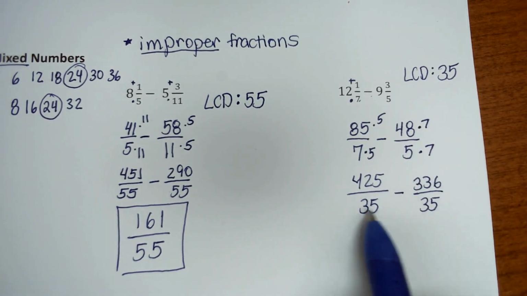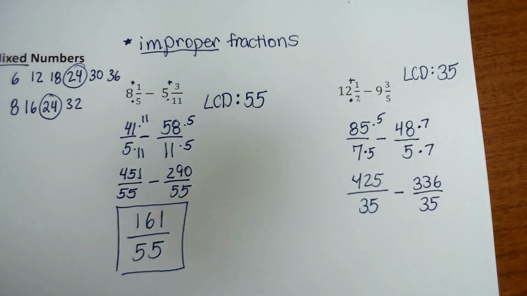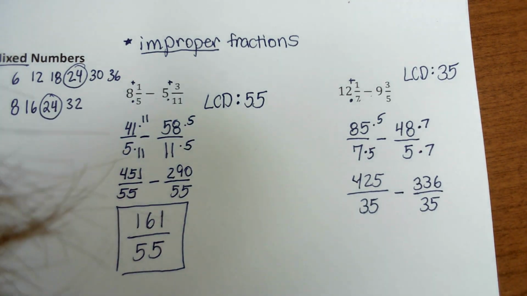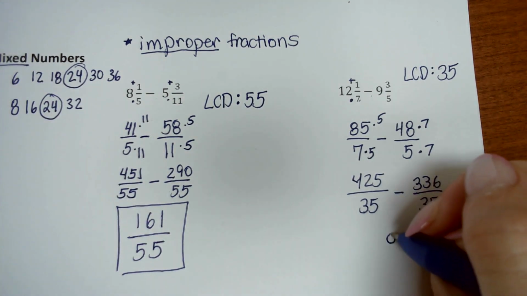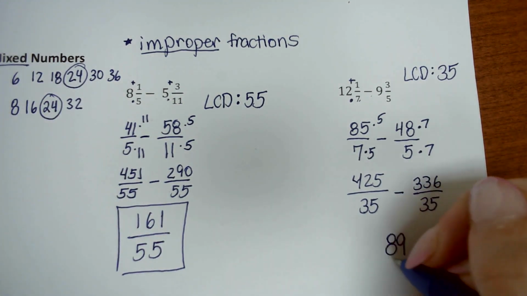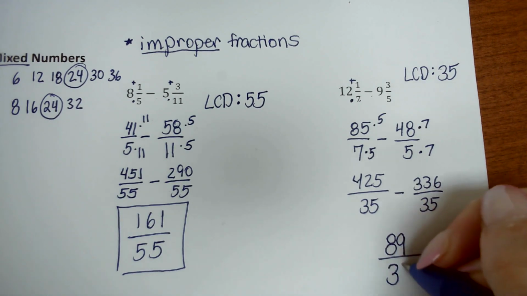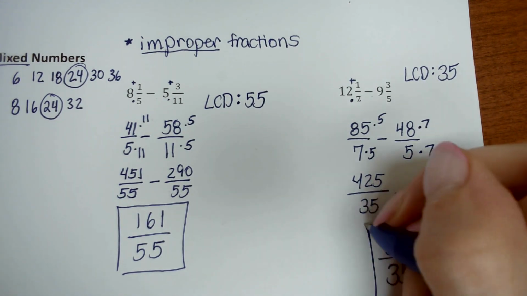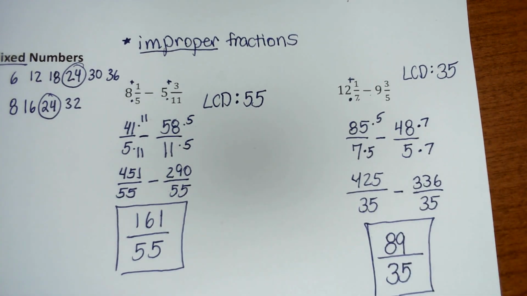Now remember, once my denominators match, then I subtract 425 minus 336. So our final numerator is 89, and the denominator is still 35. So our answer would be 89 over 35.